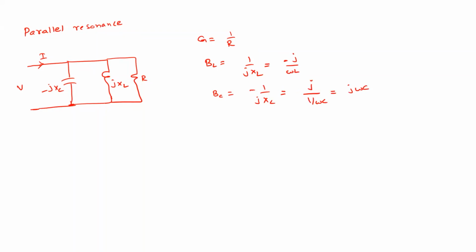The overall admittance Y is equal to G plus j into BC minus BL, or BL minus BC, depending on that. So here Y equals 1 by R plus j into omega C minus 1 by omega L.